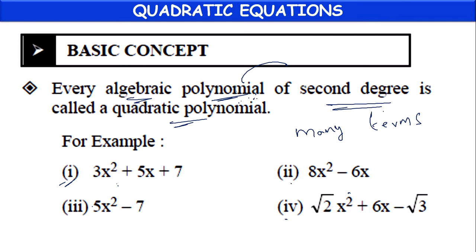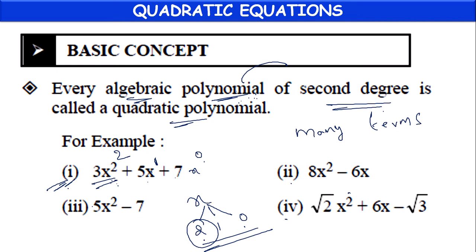In these polynomials, if you observe the first example here, the power of the first term is 2 and the power of the second term is x power 1 and the power of the third term is x power 0. Here the powers for the variable x are 2, 1, 0. Out of these three, the highest power is 2, which is called the degree of the expression.